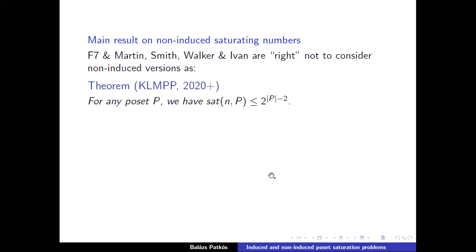The non-induced saturation function, no matter what the poset P is, is always bounded by a function of the size of the poset, but this is all that it depends on. So it's independent of the size of the ground set.